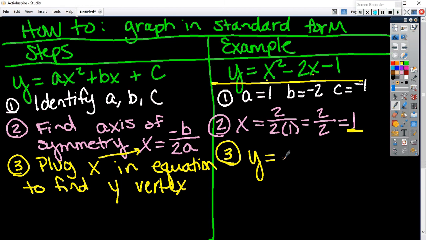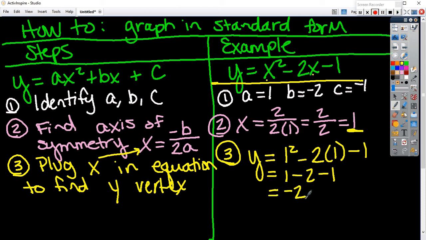So 1 squared minus 2 times 1 minus 1. Do your exponents first. 1 squared is 1, minus 2 minus 1. What does that give you? Negative 2.